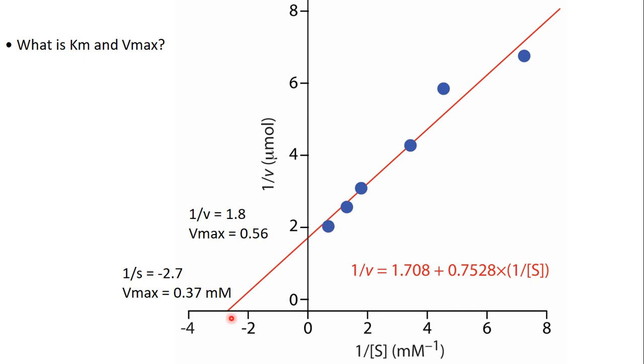Now our other number, 1 divided by S, is roughly negative 2.7. So I do negative 1 divided by that number, and we get Km is 0.37. So that's how we use a Lineweaver-Burk or a double reciprocal plot to figure out what Vmax and Km are. Sorry, I'm not sure why I put Vmax twice, but that is Km.